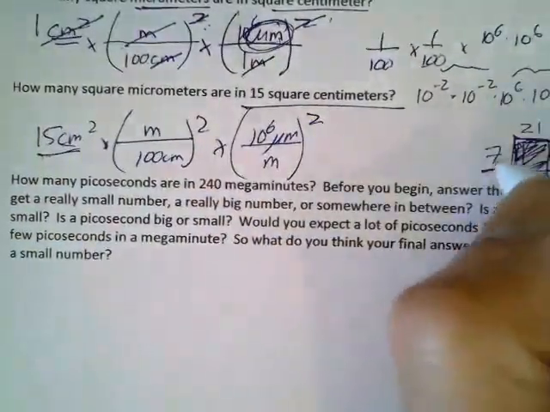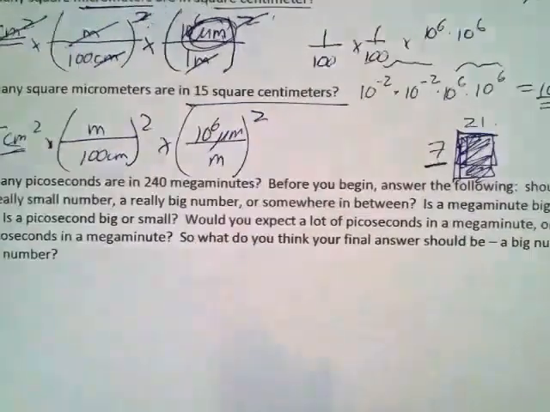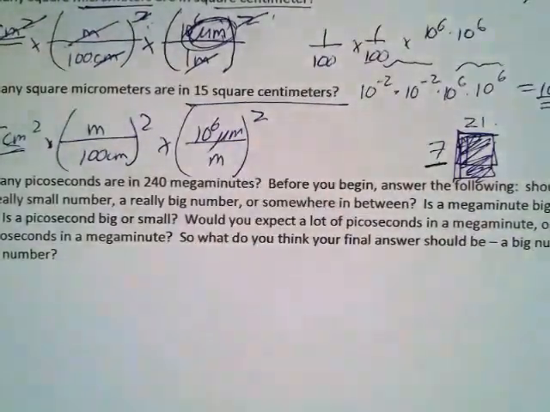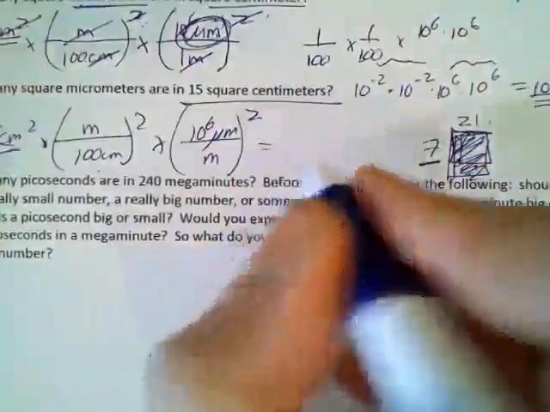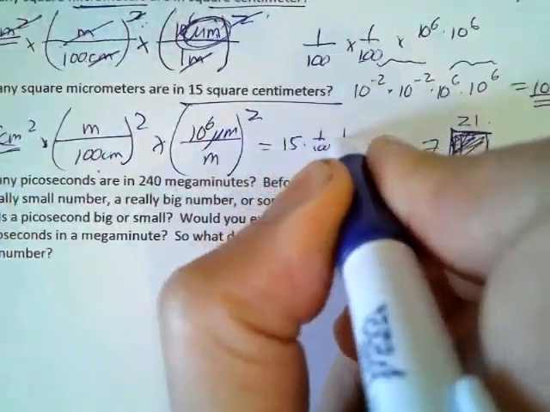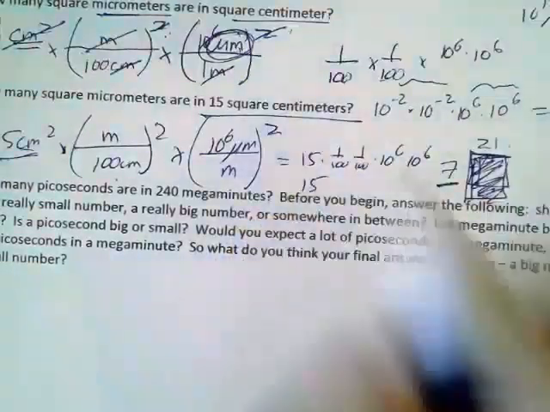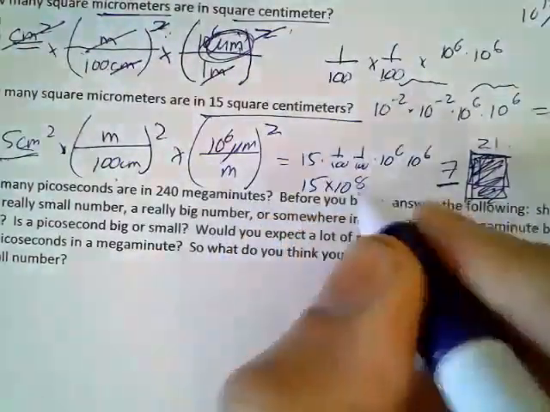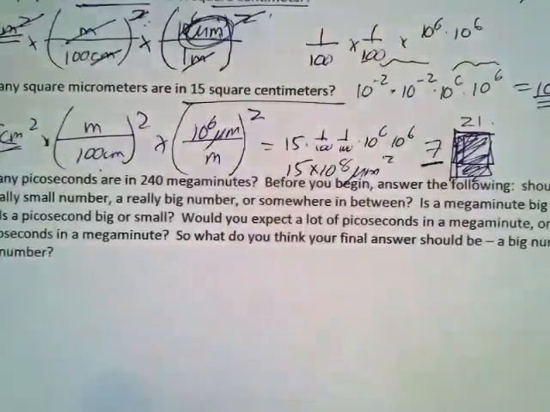If we convert this side to meters and this side to meters, we'd be introducing the same conversion factor twice. So it gets embedded twice, gets squared. And this would turn out to be the same thing: we'd have 15 times 1 over 100 times 1 over 100 times 10 to the 6th times 10 to the 6th. And we just get 15 times 10 to the 8 microns squared.